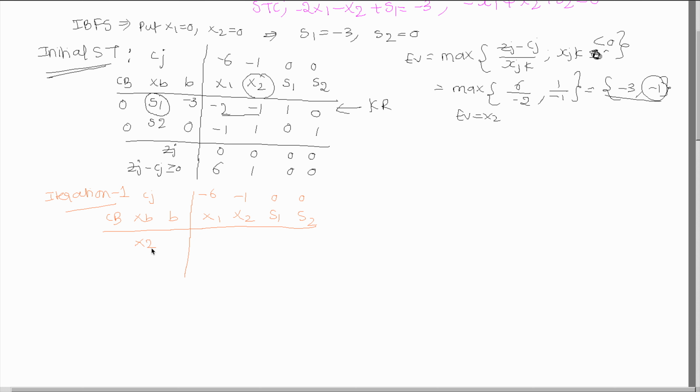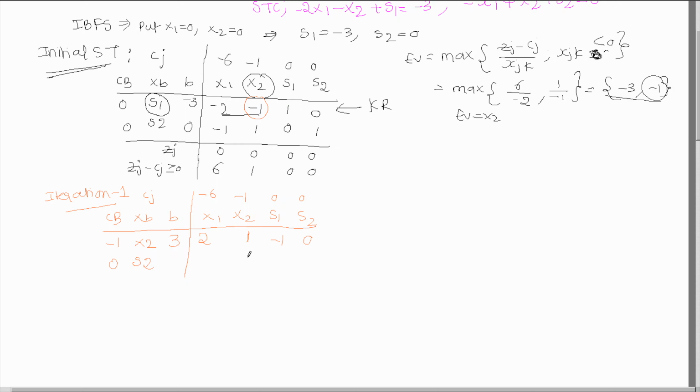Here write X2 in place of S1, with X2 cost coefficient minus 1, and 0. Here the pivot element is minus 1. We have to convert it into 1, so we multiply the whole row by minus 1: minus 2 into minus 1 is 2, minus 3 into minus 1 is 3, minus 1, 0.